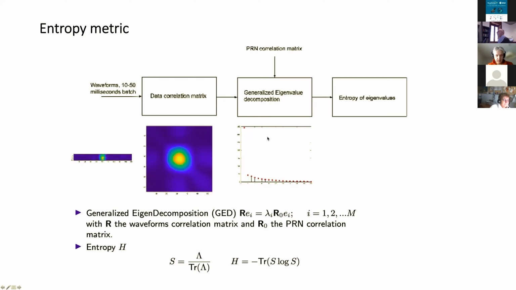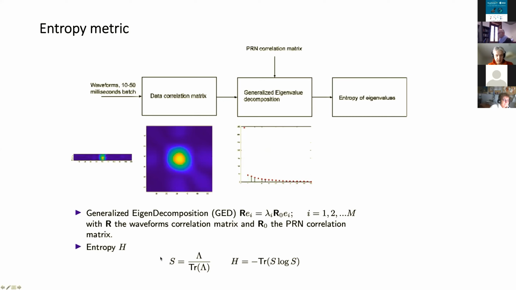And these eigenvalues are normalized, such that they are similar to probabilities. I mean that the sum of all eigenvalues is normalized to be 1. And from this sort of probabilities, the entropy is calculated.